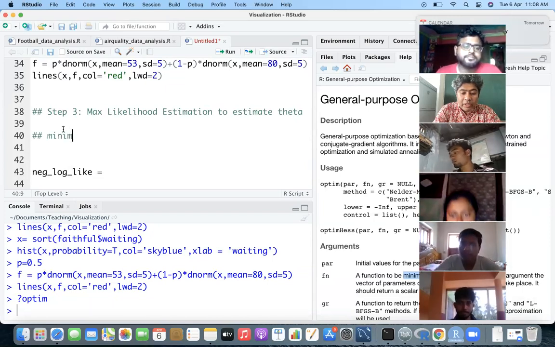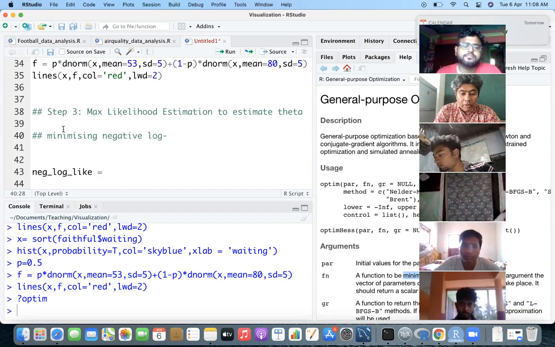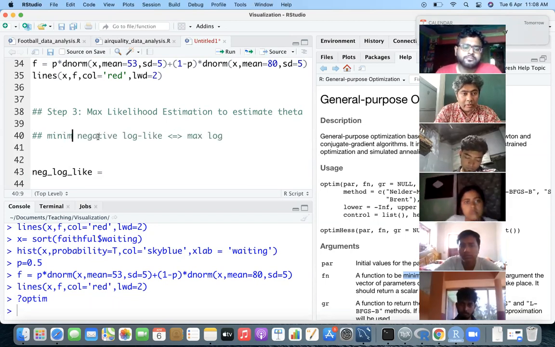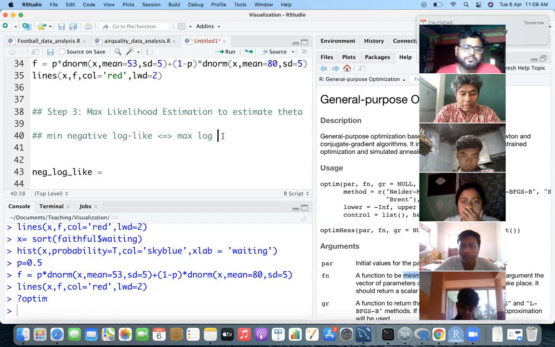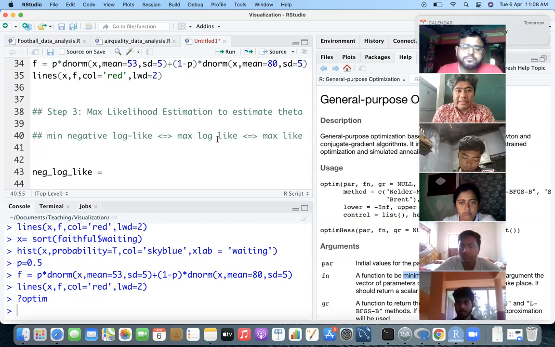Minimizing negative log likelihood is equivalent to maximizing log likelihood, and that is equivalent to maximizing likelihood.